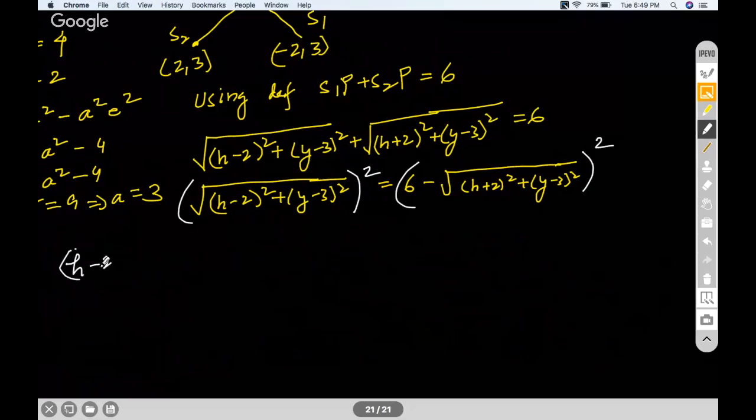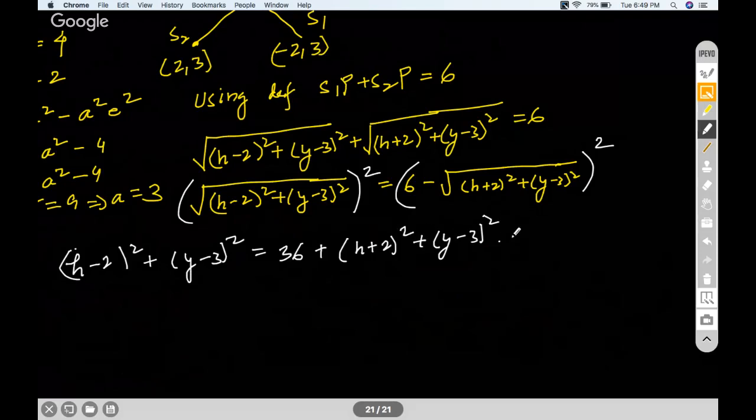That will give you (h minus 2) square plus (y minus 3) square is equal to 36 plus (h plus 2) square plus (y minus 3) square minus 12 under root of (h plus 2) square plus (y minus 3) square.